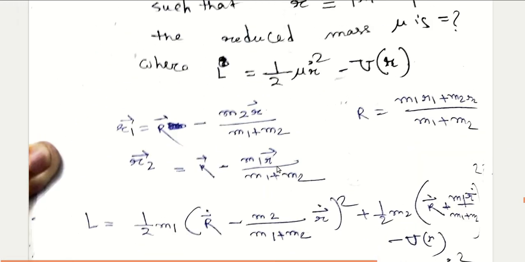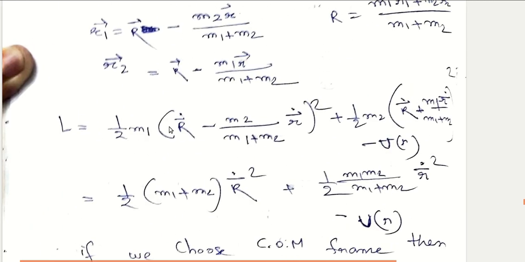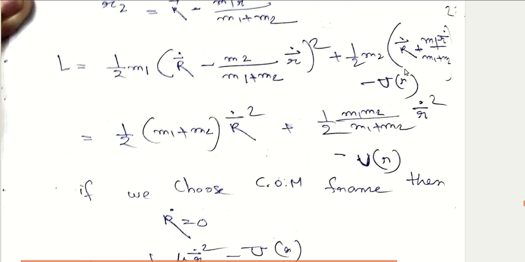Then if you substitute the values of r1 and r2 in this equation, it will look like half m1 times R dot minus m2 by m1 plus m2 r dot, whole square, plus half m2 times R dot plus m1 r dot by m1 plus m2, whole square. If you carry out this calculation, it will give you half of m1 plus m2 into R dot square, which is the center of mass velocity square, plus half of m1 m2 by m1 plus m2 r dot square minus U(r).